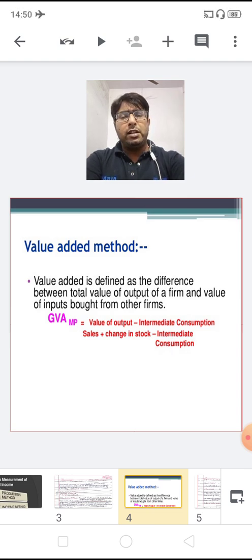When we calculate the value added by each sector, we call it the gross value added at market price.